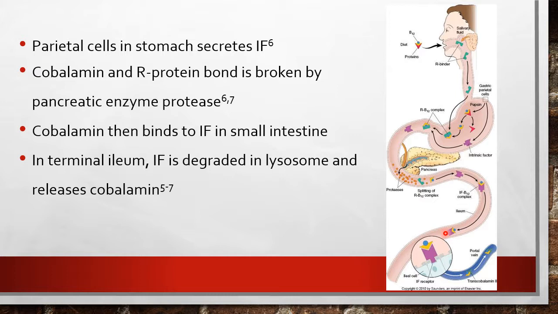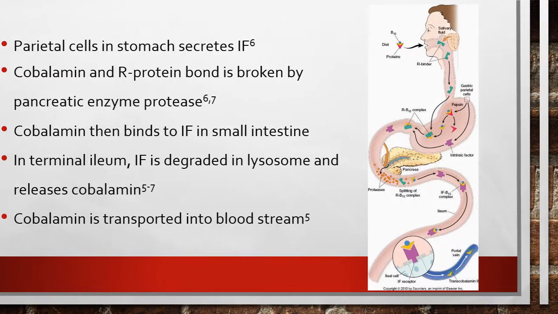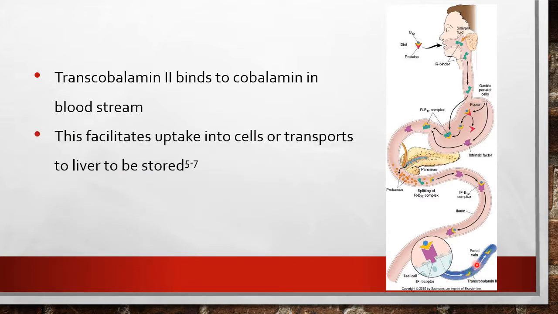The intrinsic factor is then degraded in the lysosome organelle, where it releases the cobalamin into the cytosol of the cell, which transports it into the bloodstream. Transcobalamin 2 will then bind to the cobalamin in the bloodstream, which will facilitate its uptake into the cells, or transcobalamin 2 will transport it into the liver to be stored for use.